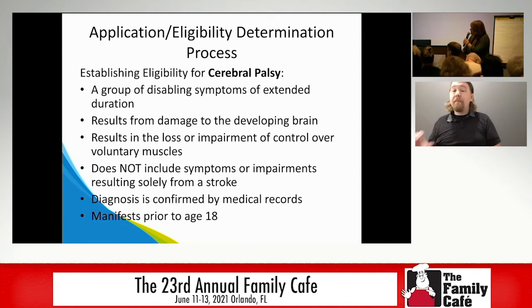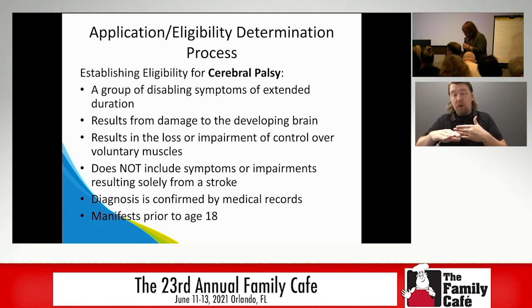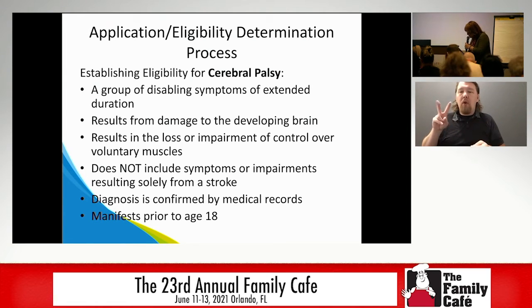So, cerebral palsy. Cerebral palsy means a group of disabling symptoms of extended duration, which results from damage to the developing brain that may occur before, during, or after birth, and that results in the loss or impairment of control over voluntary muscles.